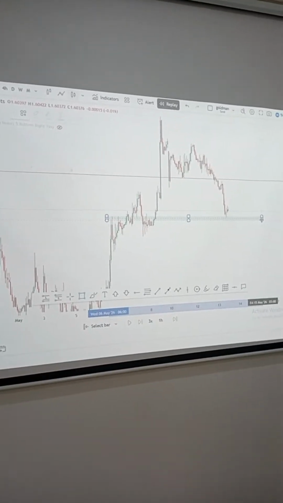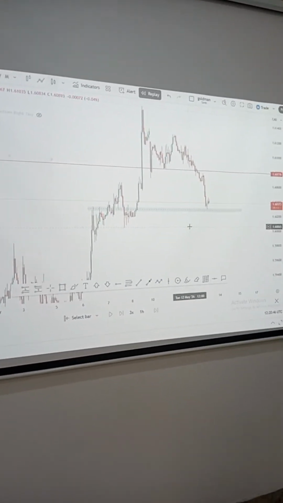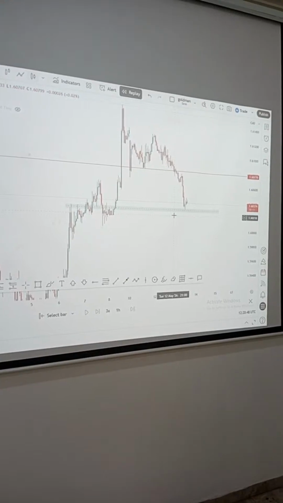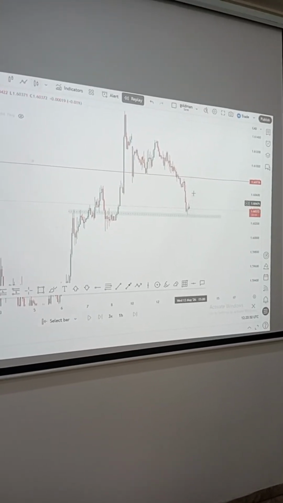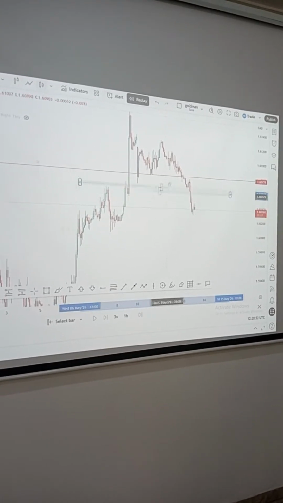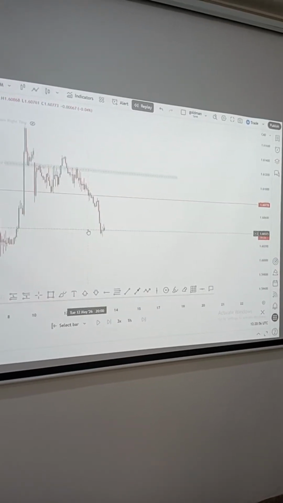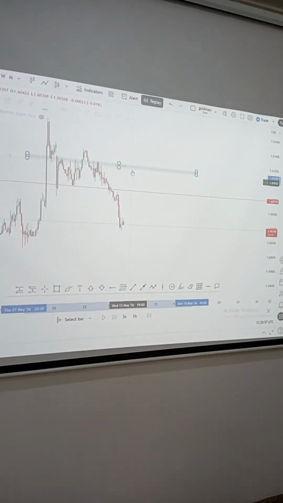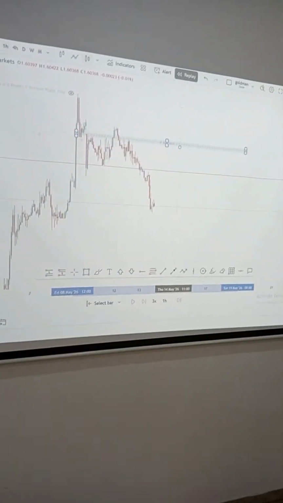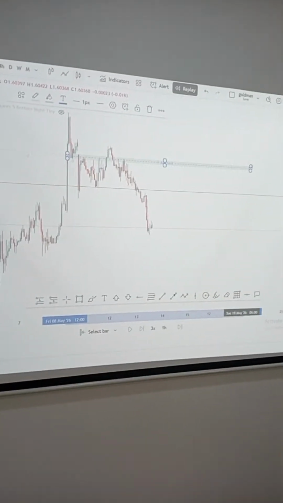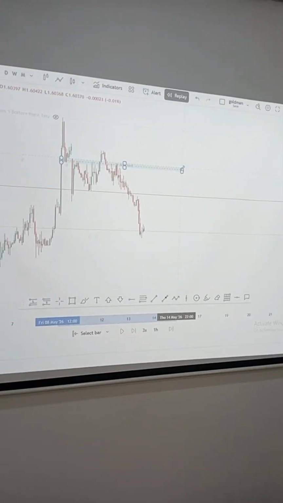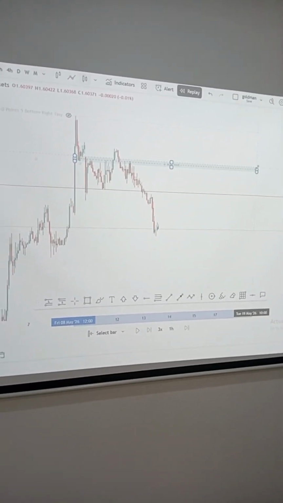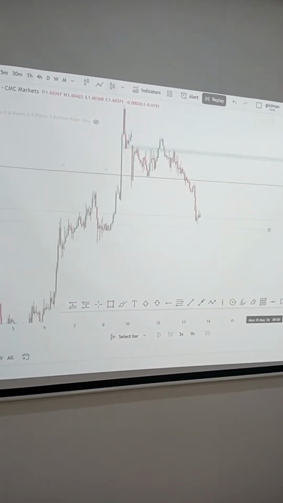This is now entry. We're talking about entry now. Even when the market has not done that, the market had previously done something like this. Can you see it now?